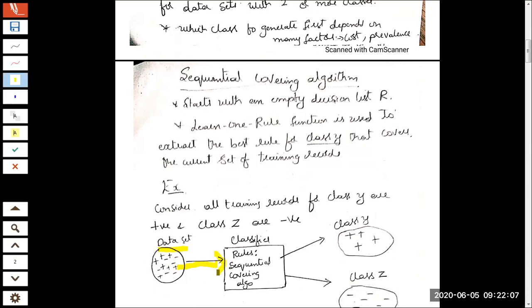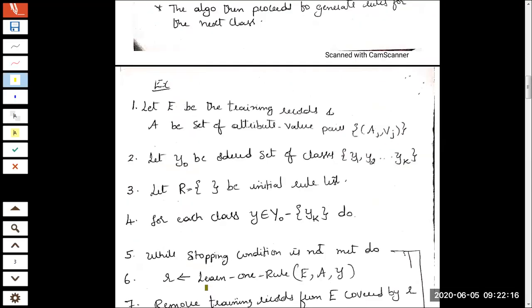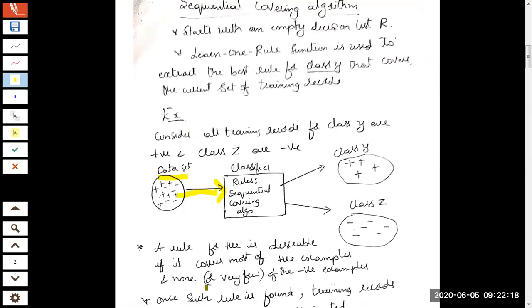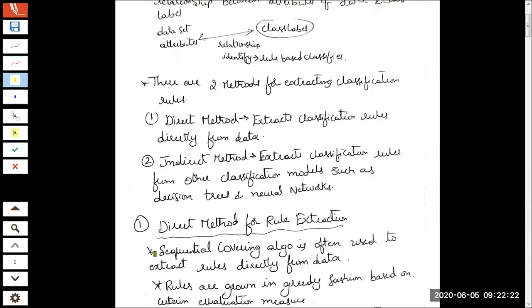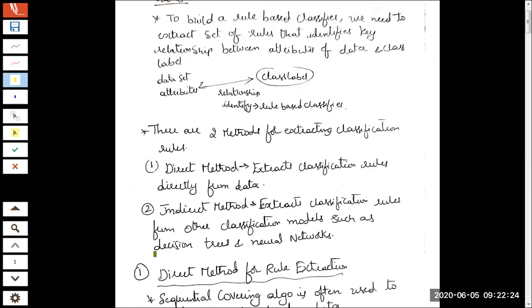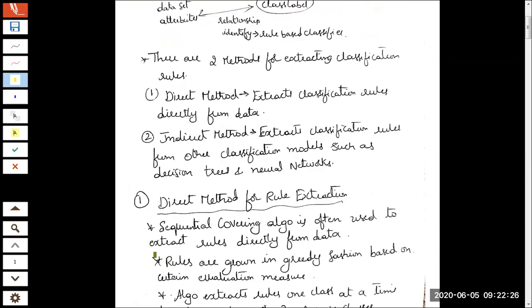Existing database or existing data set will be taken as a training example and the classifier will build the rules. Okay, so how the rules, we had seen that. We had seen the general form of a rule, also specific examples we had seen.